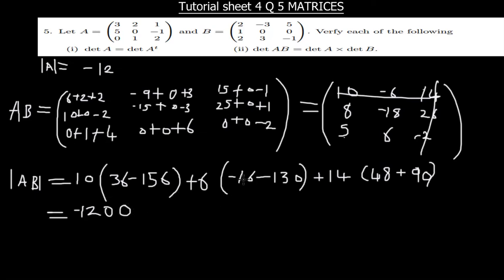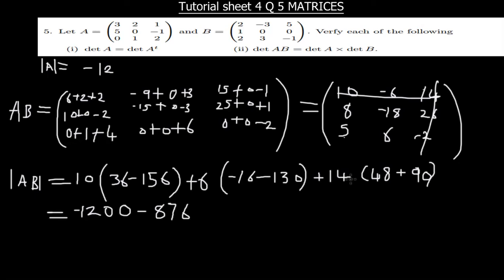Negative 16 minus 130, you get negative 146, and then multiply it by 6, you get 876. So it will be negative 876.